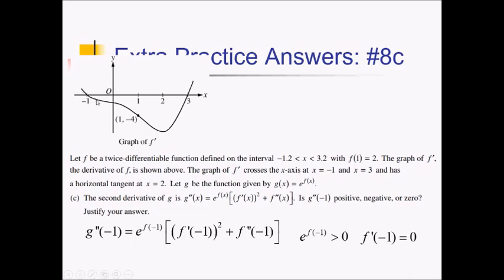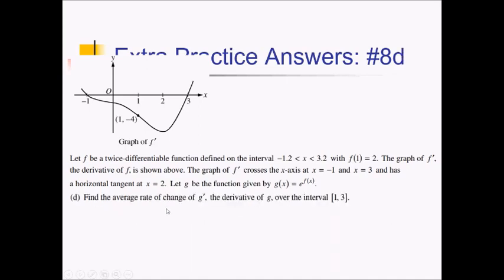Since we already know that f prime is decreasing from at least negative 1.2 to 2 right here, that tells us that f double prime of negative 1 must be a negative number. So putting it all together, we have a positive times 0 plus a negative. Well, that really just means we have a negative, which means that g double prime of negative 1 must be a negative number.